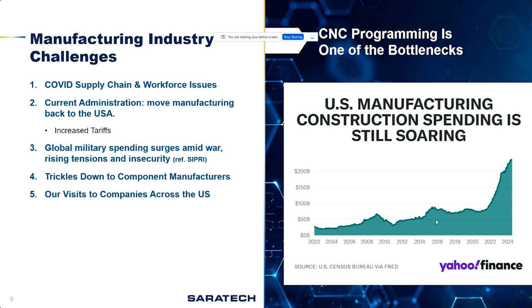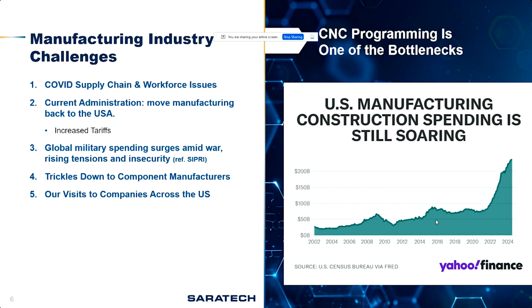Both Mark and I and others from the company go on site visits and walk the shop floors. One of the things we have seen that's pretty common is these beautiful CNC machines that cost hundreds of thousands, if not millions of dollars. They've got material stock on the floor on a pallet waiting to be loaded into the machine.